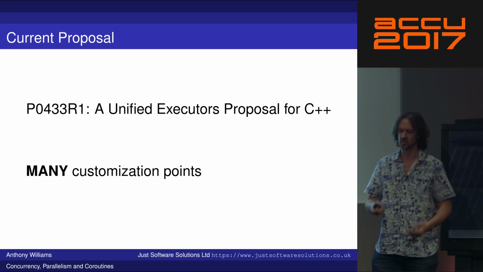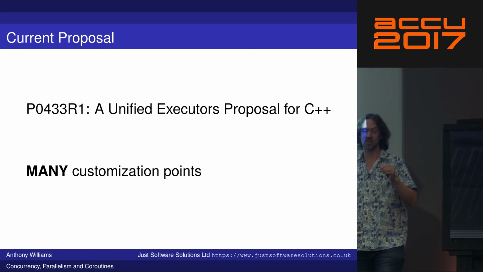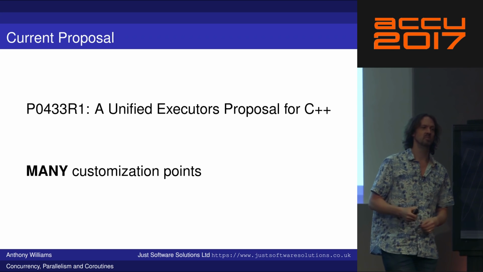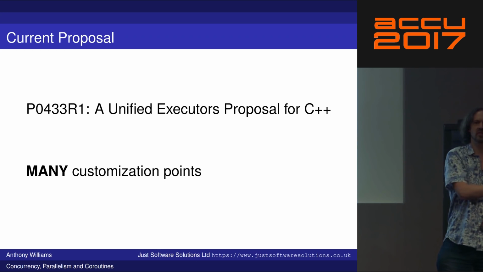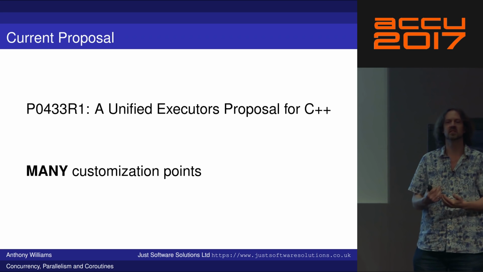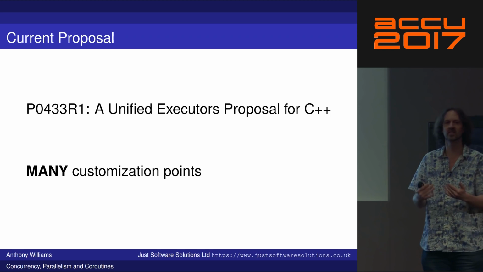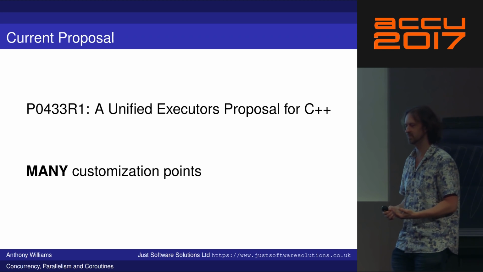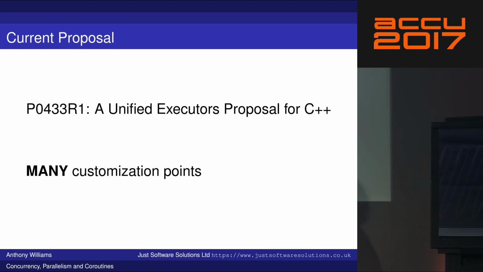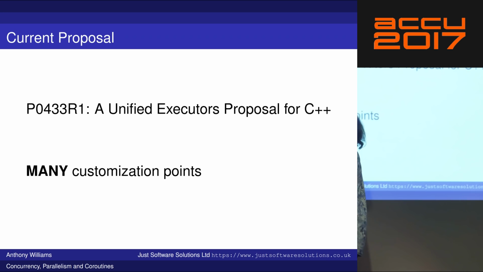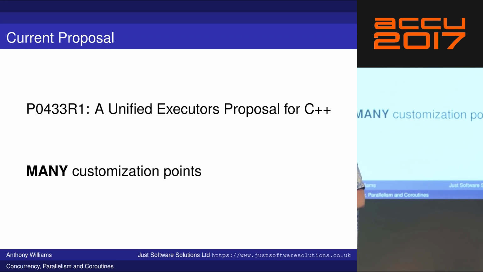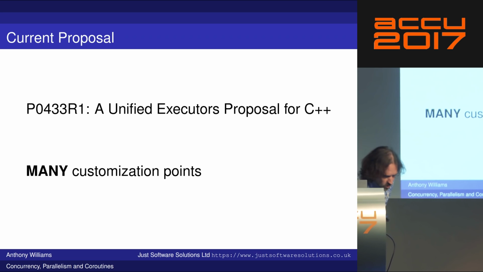R0 is the initial revision. And it is the Unified Executors Proposal, and unified because lots of the people that worked on all the individual papers have all put their names to this one. We say, we agree. We finally come to an agreement that we can all get behind this as a unified framework. And the consequence is it then provides many, many customization points to deal with all the possible different answers to all the different questions.